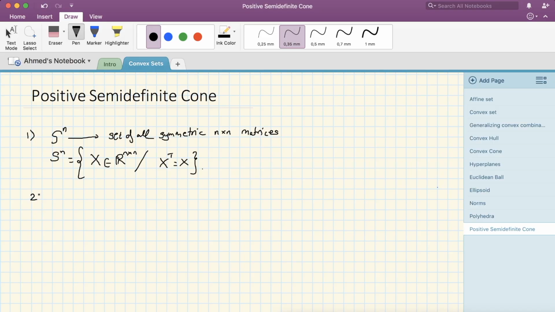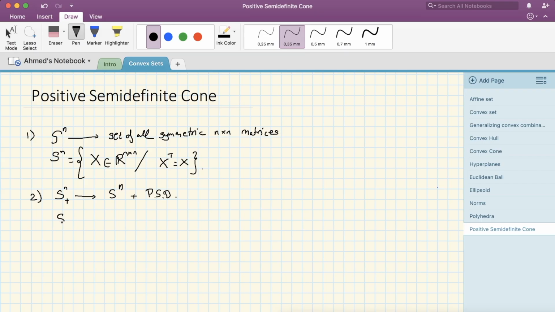The second one is we're going to add something to the set of all symmetric matrices: a plus as a subscript. That means it's the set Sn, the set of all symmetric n by n matrices, plus positive semi-definite. So it's not only symmetric matrices of size n by n, you also add the fact that those matrices should be positive semi-definite.